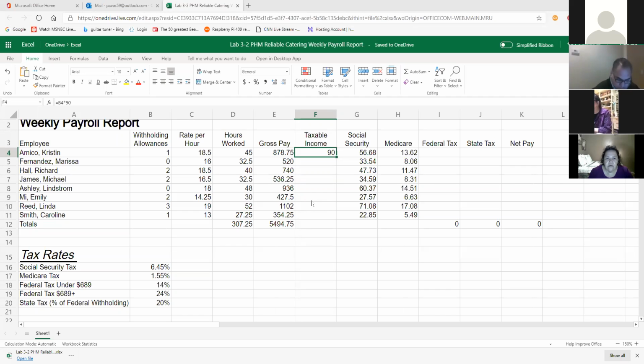Oh my goodness. Okay, so that's wrong. This is not it. Taxable income. Let me read it again.